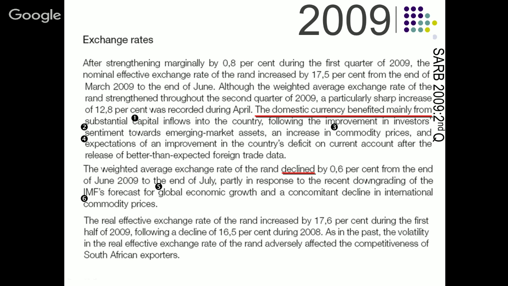If the global growth rates go down, or the expectation of it going down, the forecast of it going down, then what do we know? The rest of the world have less income production to spend on South Africa's exports, for instance. Secondly, they will have less surplus funds to invest in South Africa's financial assets.